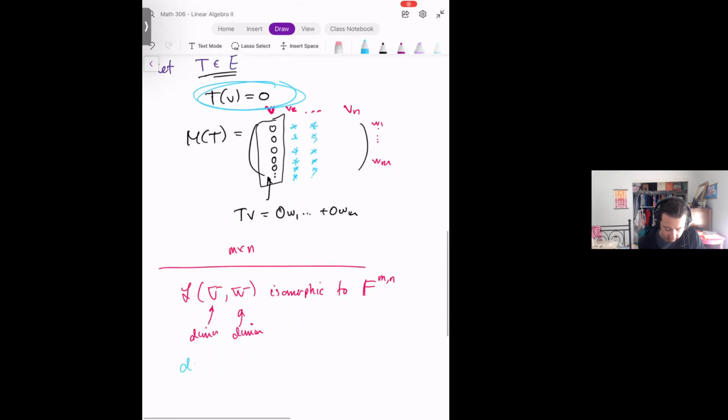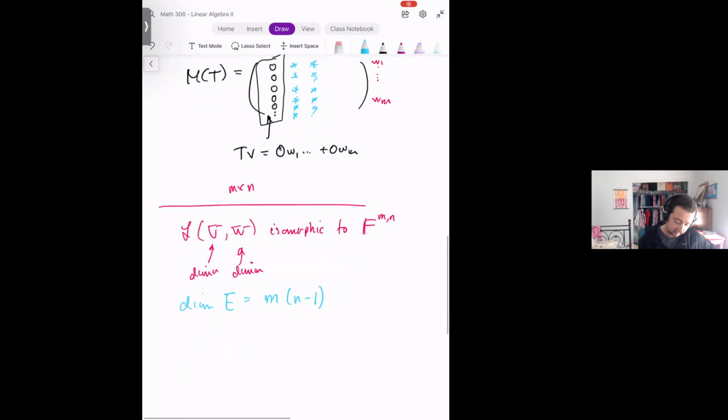So you should be able to convince yourself that the dimension of E is equal to the m rows that you got to choose, but n minus 1 columns. The column of zeros was forced onto you by T of V equal to 0, but none of the rest of the matrix is controlled at all.